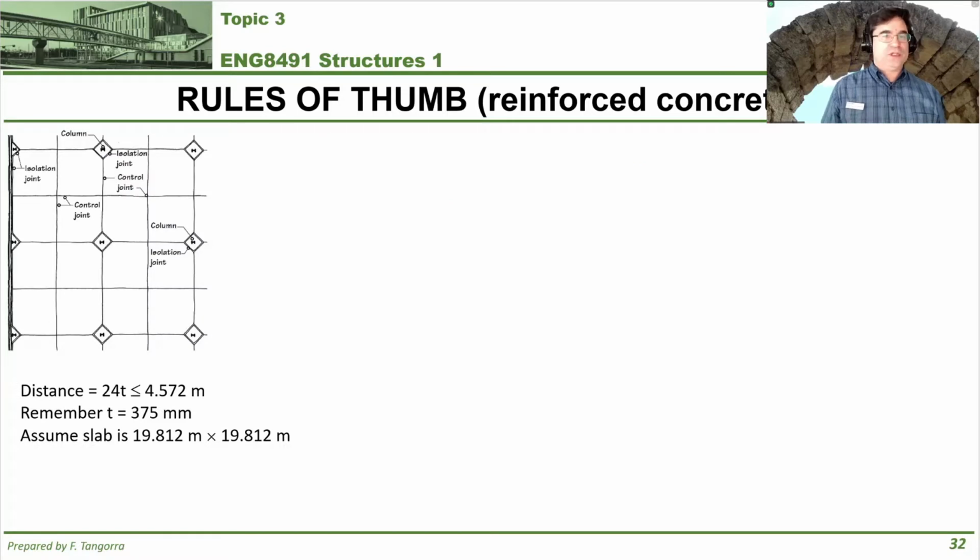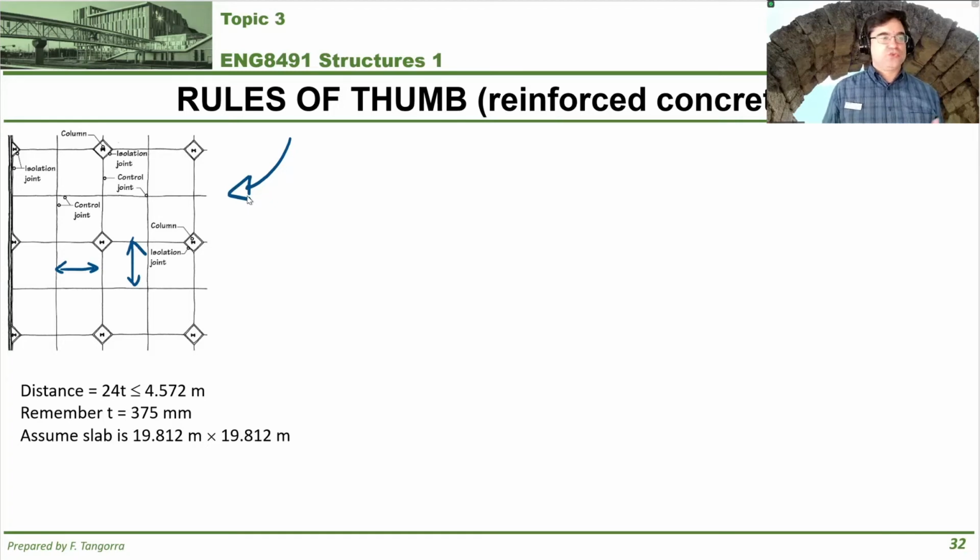Okay, so now that we know how to do the depth of control joints, how about spacing of control joints? So in this case, what I'm referring to is, can we calculate what the east-west spacing and the north-south spacing need to be for control joints, assuming this is the plan view right here of a concrete slab?